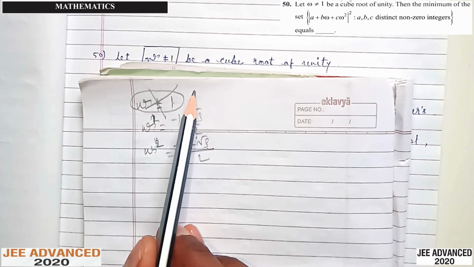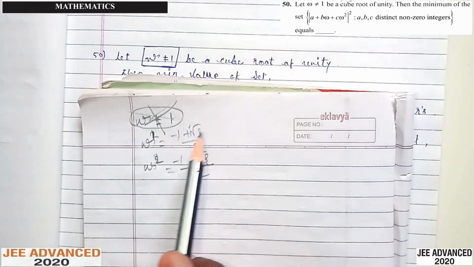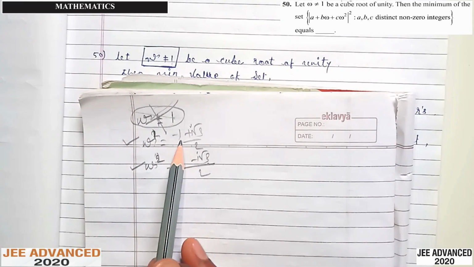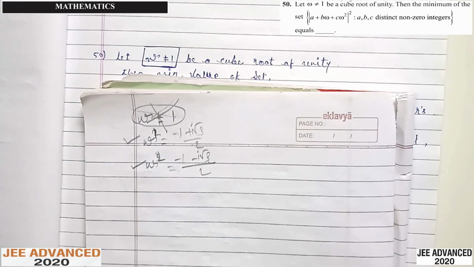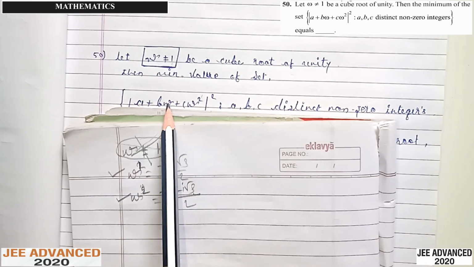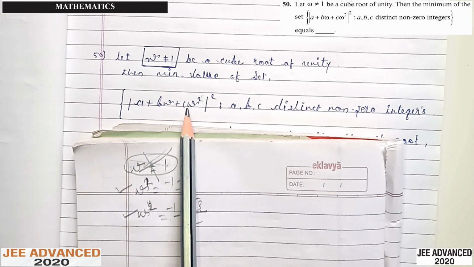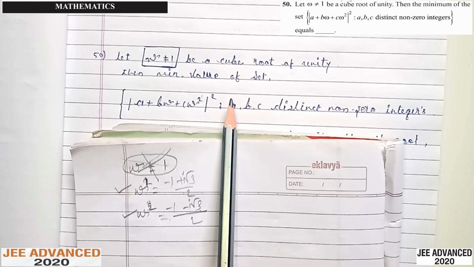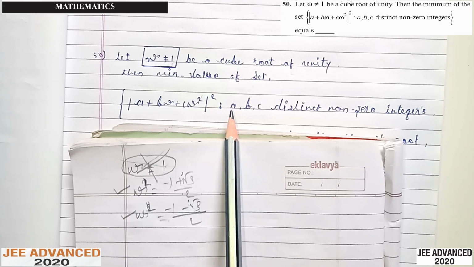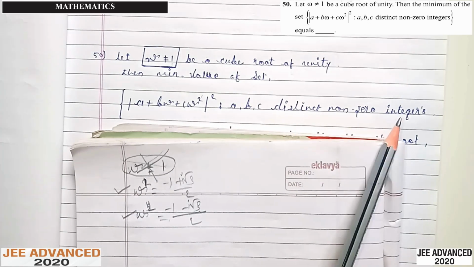We have to consider the other 2 values, and then find the fill in the blank. Now we have to find the value of the set modulus of a plus b omega plus c omega square, whole square, where a, b, c are distinct non-zero integers.